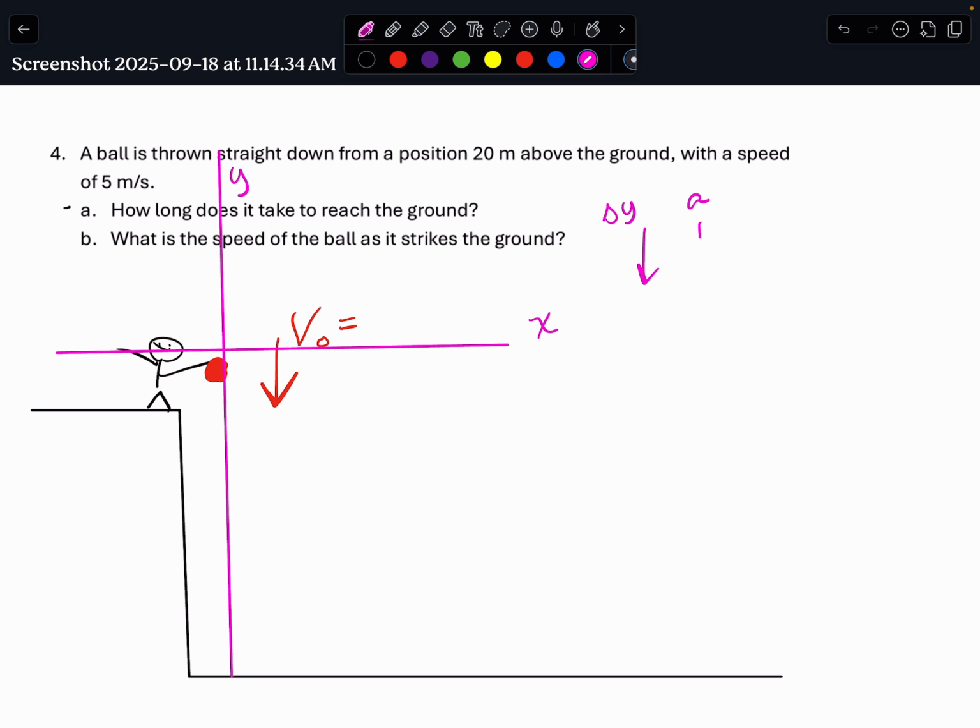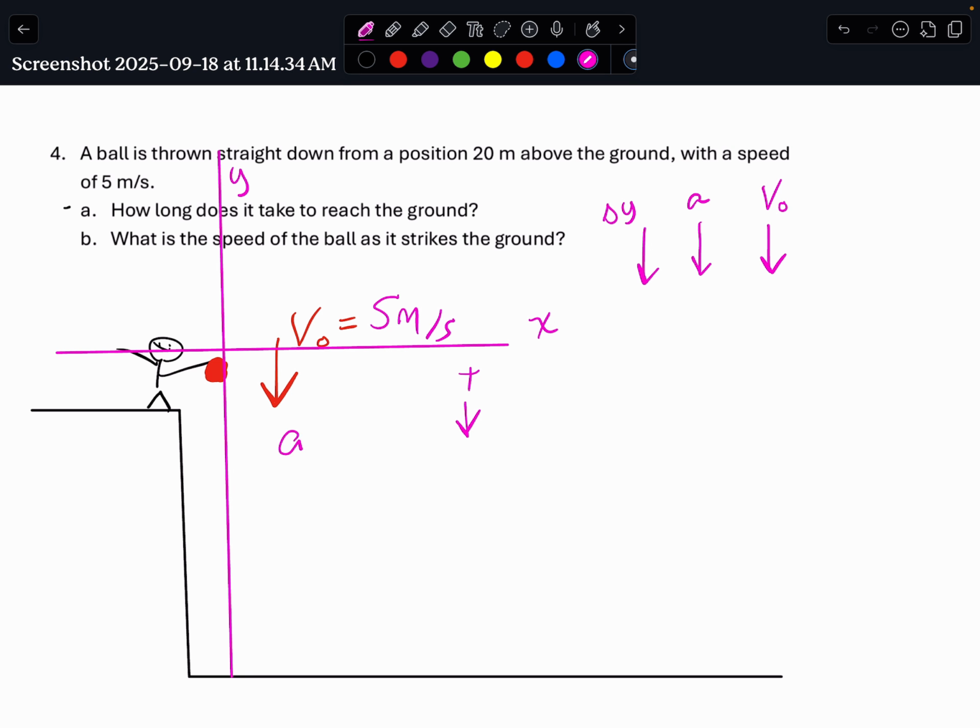The acceleration of the ball is down. The initial velocity of the ball is also directed down. So I'm going to let down be positive here, just to remind myself that's the positive direction. Okay, and now I can write down some things. I know V naught is 5 meters per second.